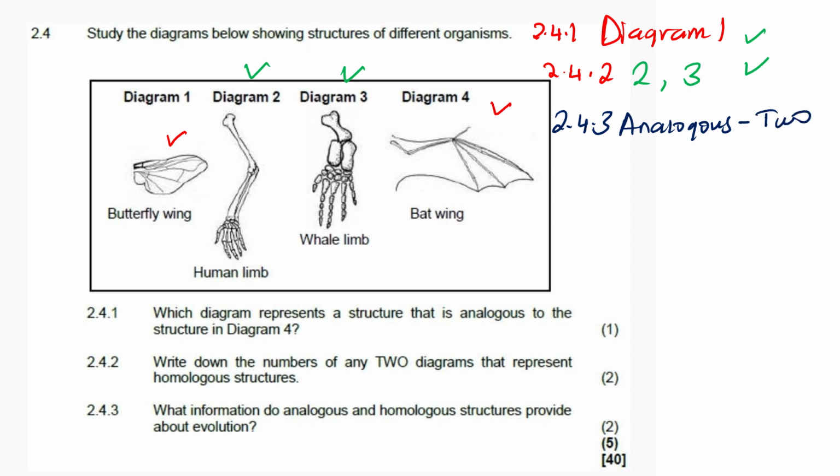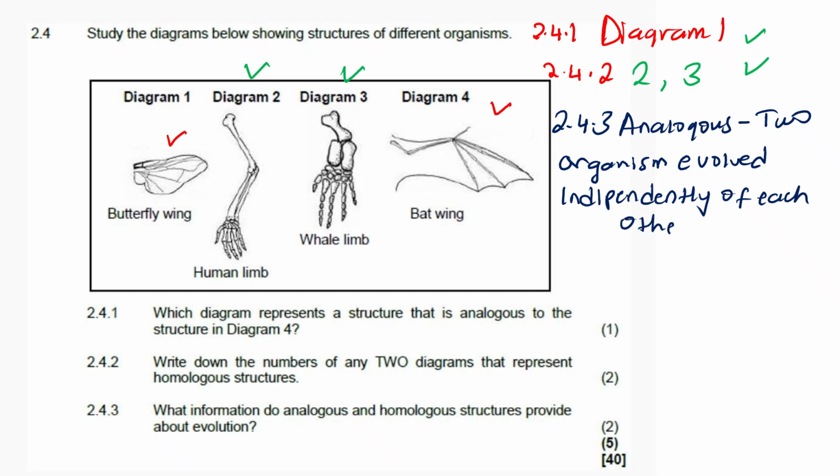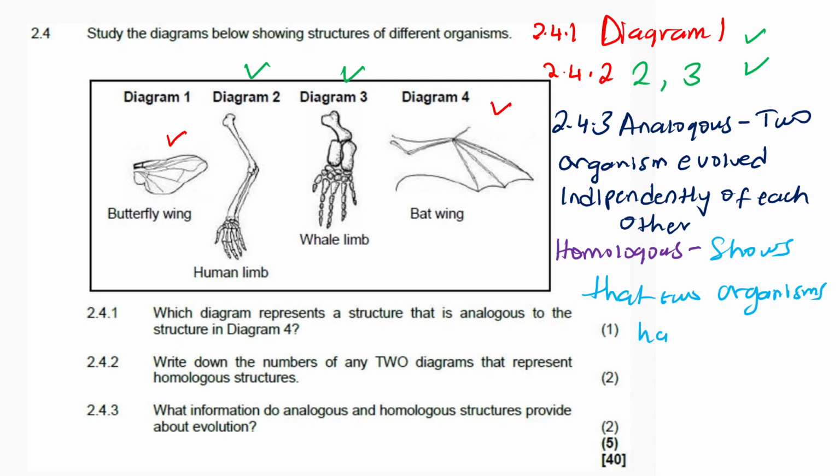But when we are talking about homologous, it shows that two organisms have a common ancestor.